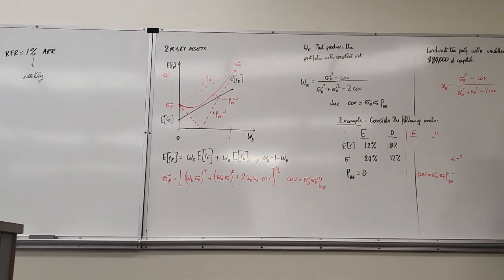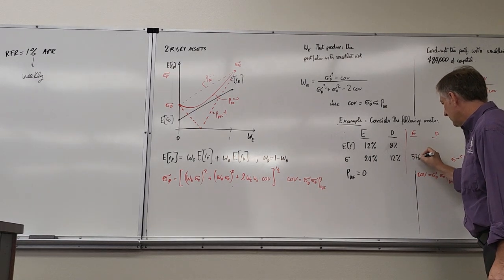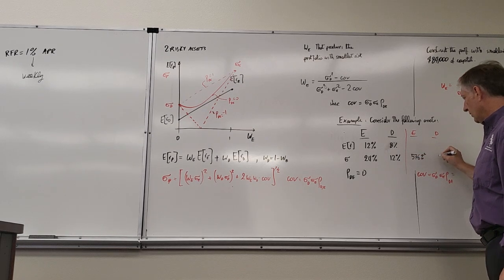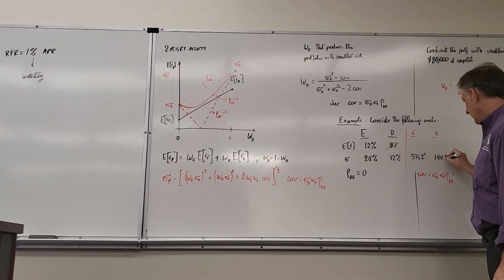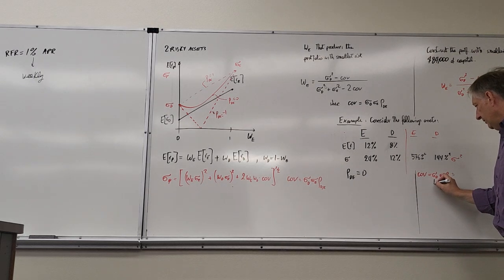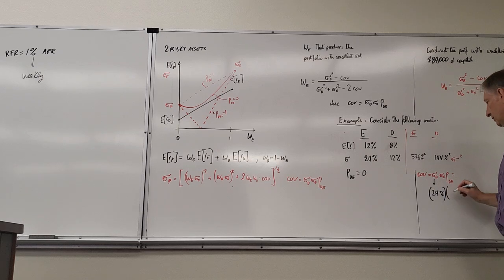So what is this? This is 24 squared, which is 576. What are the units? Percent squared. The other one is 12 squared, which is 144, percent squared. And then what about the covariance? The covariance will be 24 percent times 12 percent times 0, which is 0.